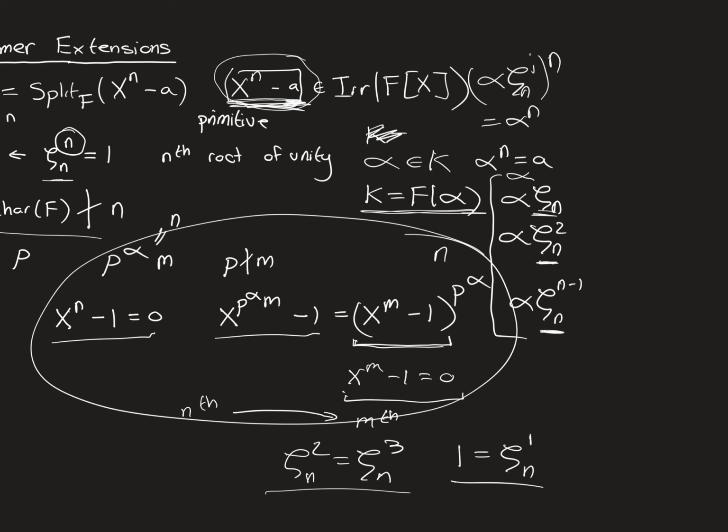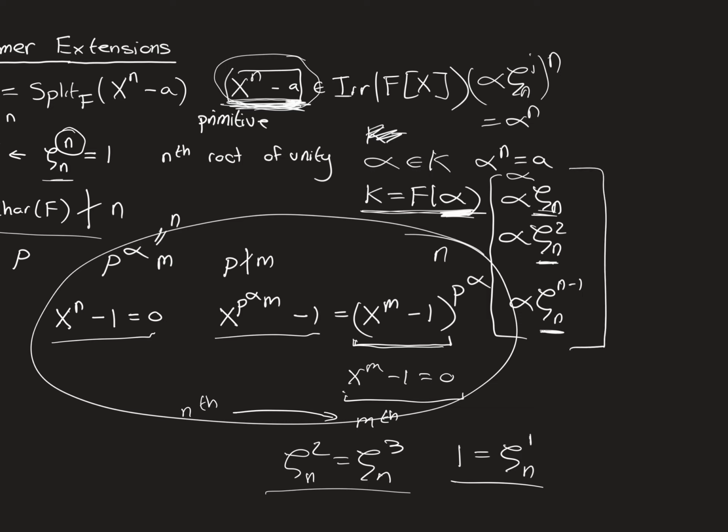They're completely and utterly determined by where you send this element alpha. So I just need to tell you where you send the element alpha. And alpha is going to have to go to another root of its minimal polynomial, so it's going to have to go to another root of x to the n minus a. So it's going to have to go to one of these things here.